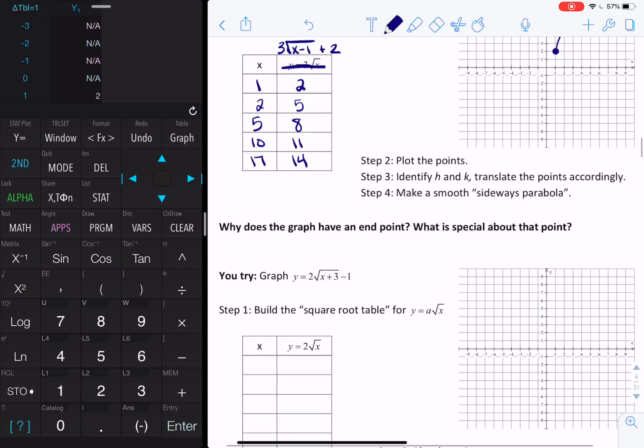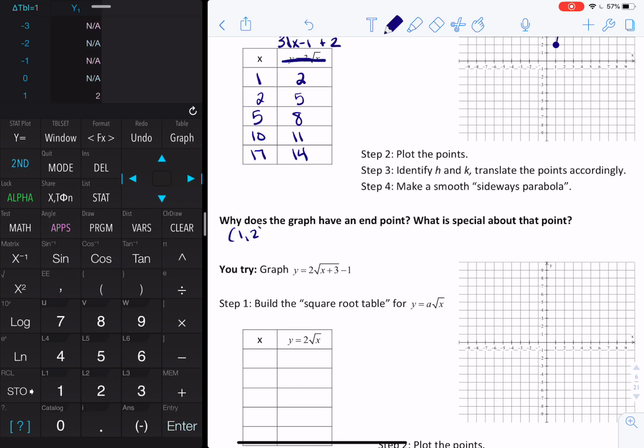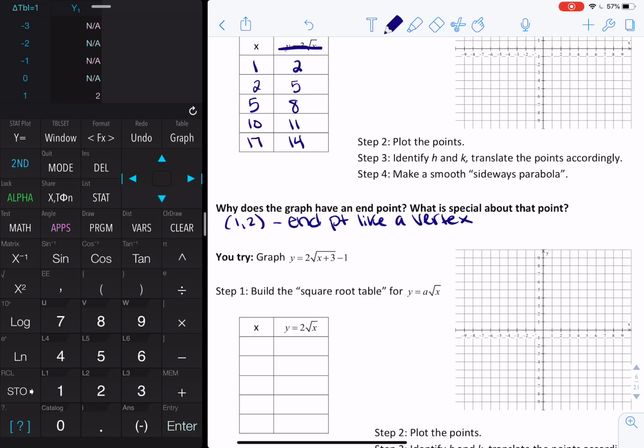So we can write here 1, 2, it's an endpoint like a vertex, and points below 1, 2 are an error because you can't take the square root of a negative number.